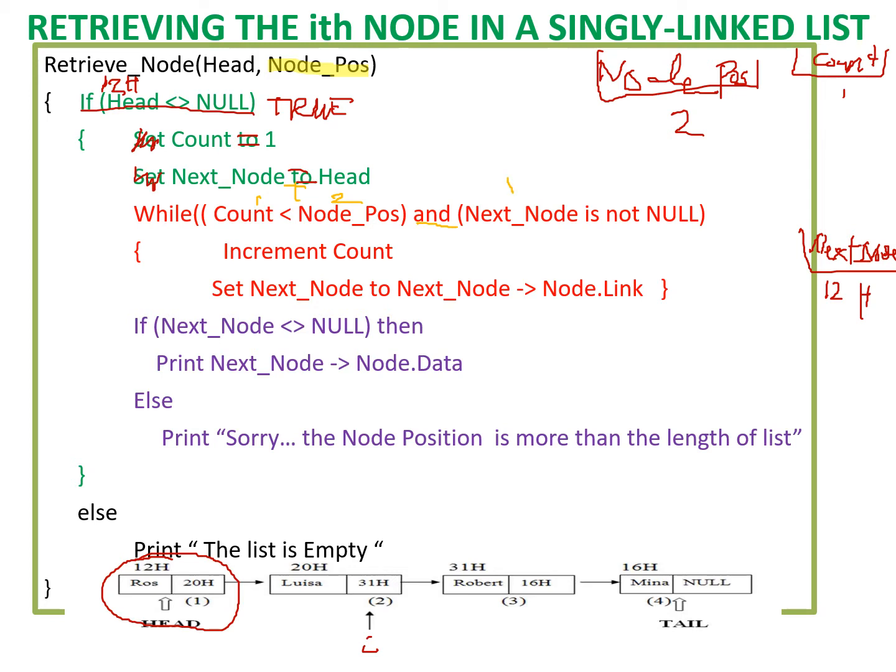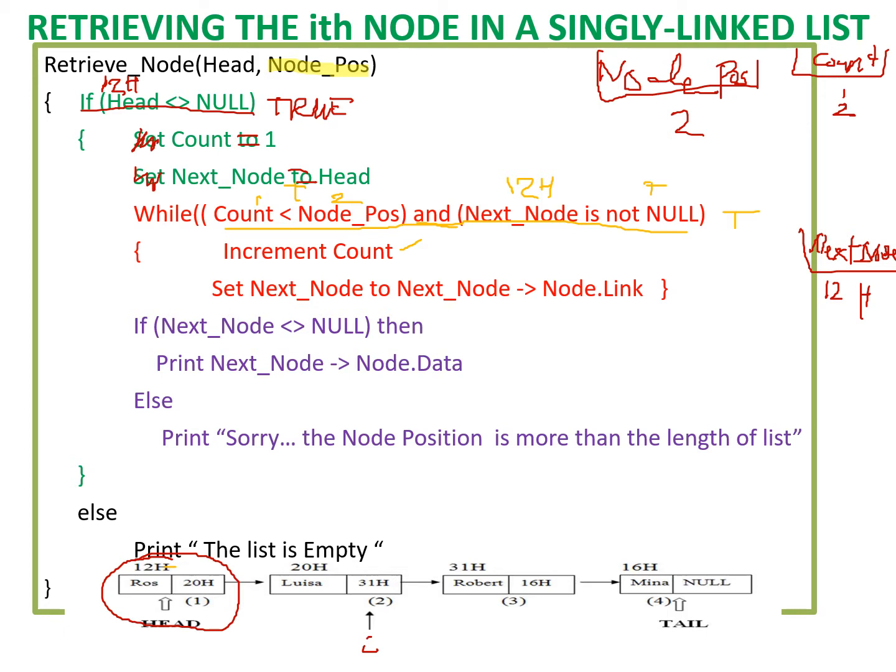Is 12H not null? Yes, 12H is not null, so that is true. True and true is true. So the entire compound condition is true, and we have to increment count. Count will now be incremented to 2.